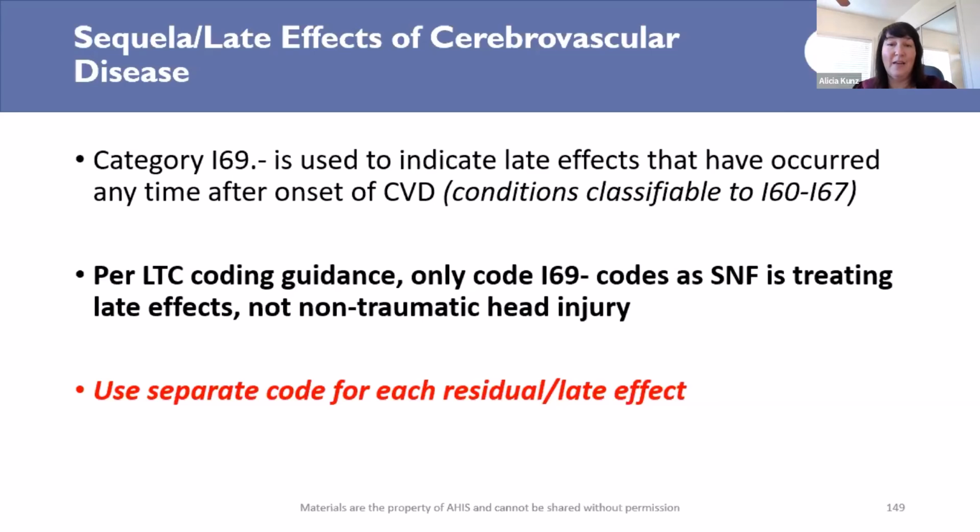If they have late effects or sequela, that is what we treat at our skilled nursing facilities. So just be careful that you should not be assigning codes from categories I60 through I67 because those are acute CVA codes. We should only be assigning codes from category I69 because we only treat the late effects. Next.